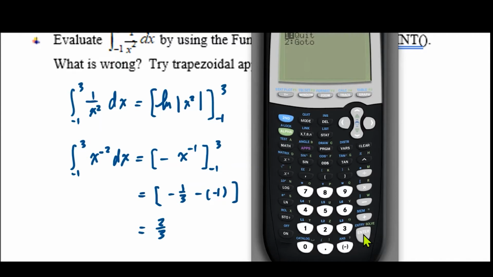Could we try trapezoidal approximation now? Do you know what this thing looks like? This is why being able to feel the graph matters. It looks like this.